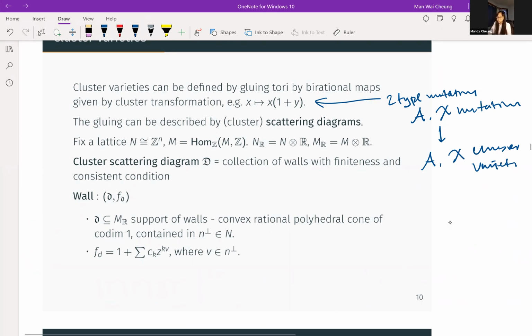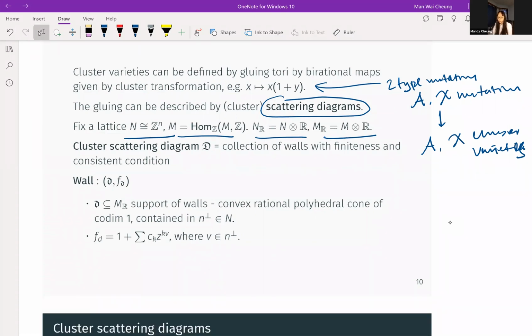In terms of scattering diagrams, they can all be described by some sort of scattering diagram, where we start with the dual lattice tensor R, and a cluster scattering diagram is a collection of walls with some conditions. As Mark mentioned today, if you mod out by the maximal ideal I, the only constant term is 1, or if you mod out by some ideal I whose radical is m, then the functions we see are only polynomials.